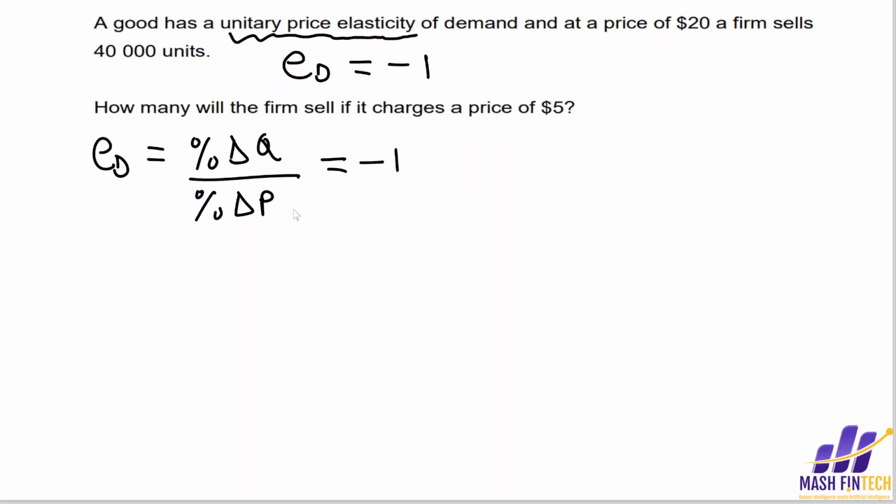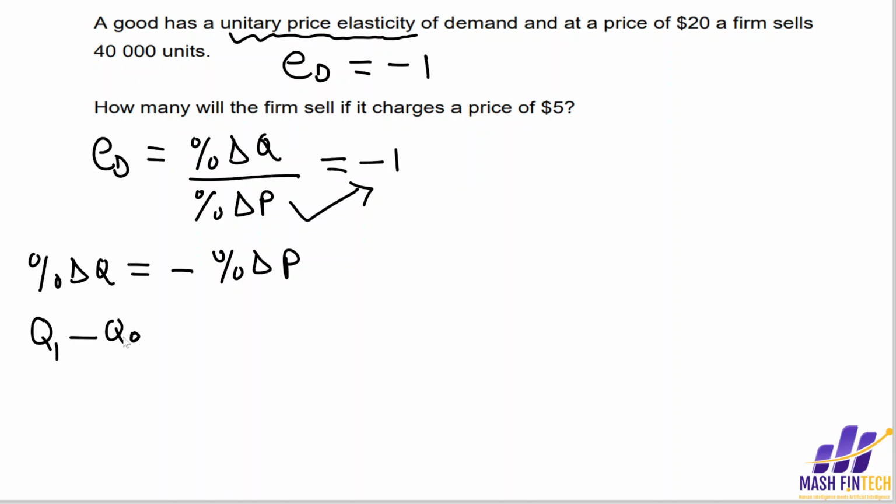So we can cross multiply this to make things easier for us. To say we have the percentage change in quantity, which is equal to minus the percentage change in price. You know, a percentage change is just the new value minus the old value divided by the old value times 100%.